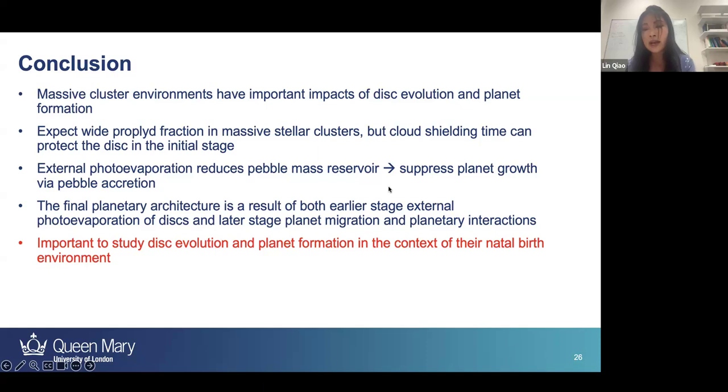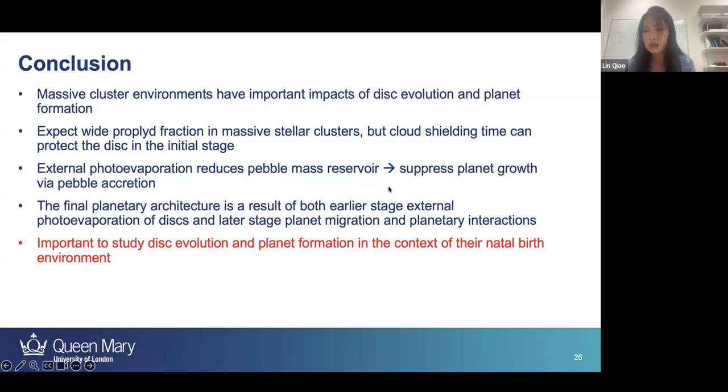Virial ratio indicates how gravitationally bounded the cloud is. So if the cluster is more gravitationally bounded, then obviously it would be harder for the cloud to disperse. Therefore, it would have a longer shielding time. And if it is weakly bounded, it would have a shorter cloud shielding time because it's easier for the cloud to disperse. It would also, of course, depend on the cluster initial mass.